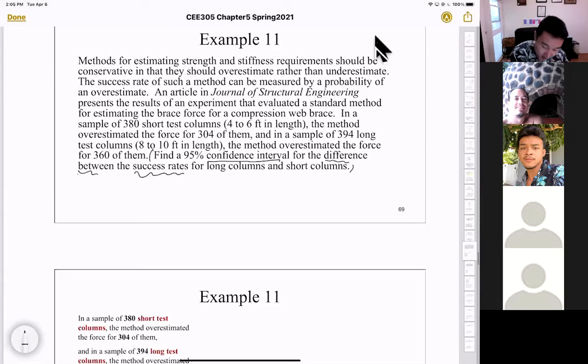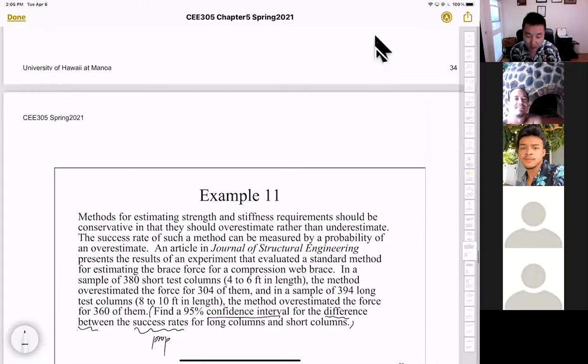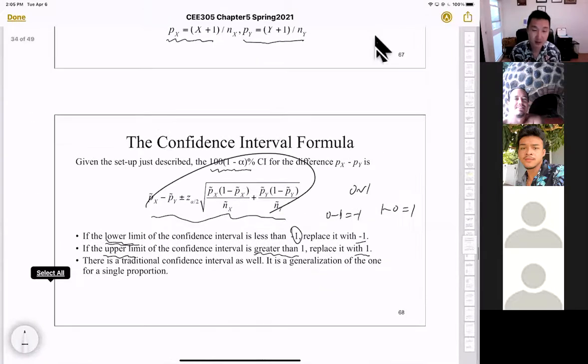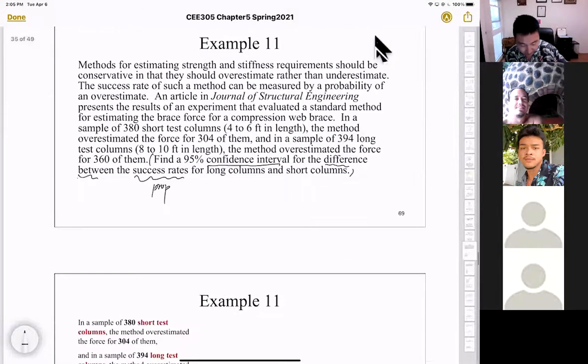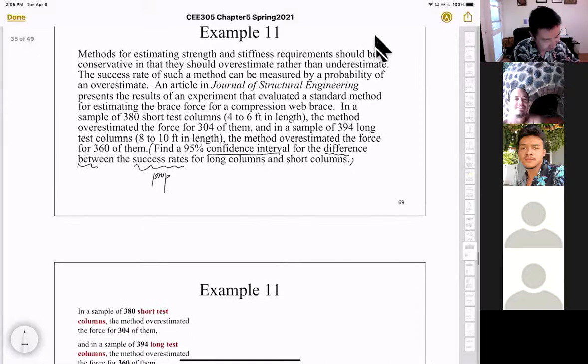For success rate, this is a proportion. So for the confidence interval for the difference between two proportions, you will use the equation from section 5.5, which is here. Then let's read the question together.